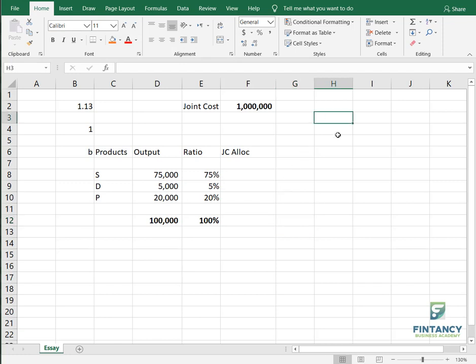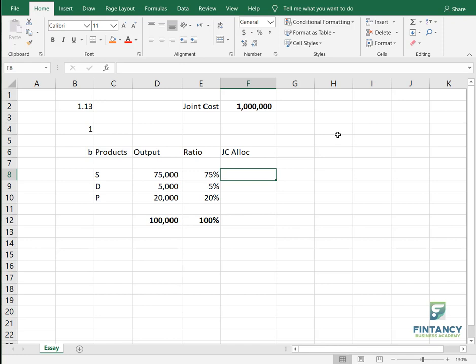Most probably they don't ask many calculations in essay questions which require these types of calculations. These will most probably come in MCQs. In essay questions, they normally ask a calculation that can be done on a notepad, but you can still try to do this on a notepad also if they ask you this.